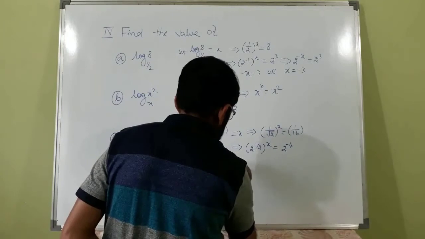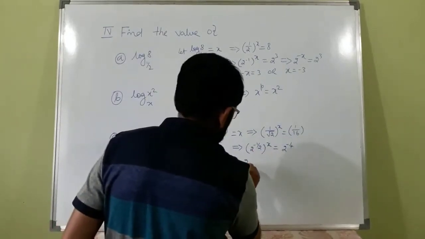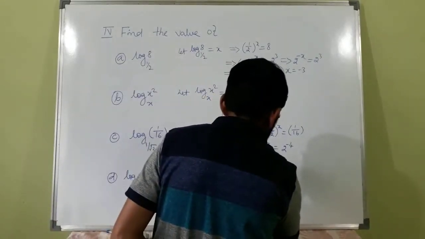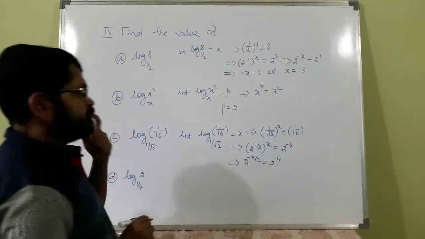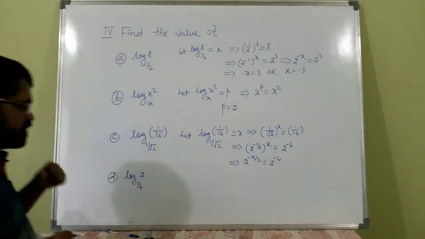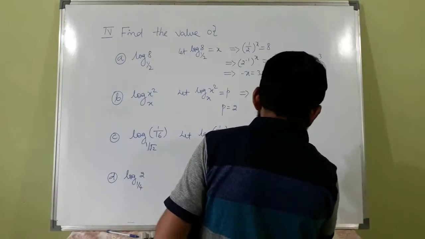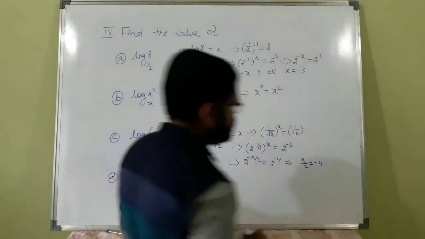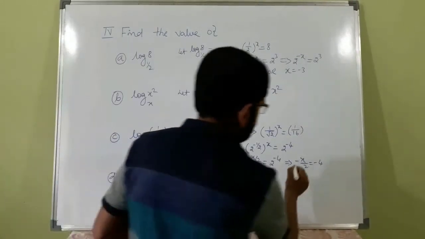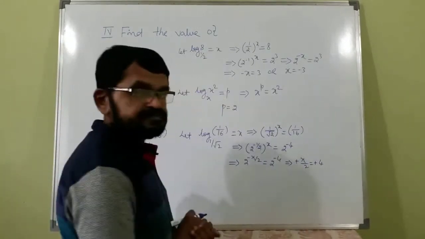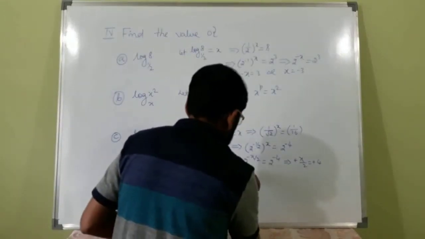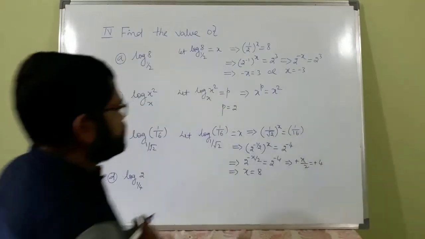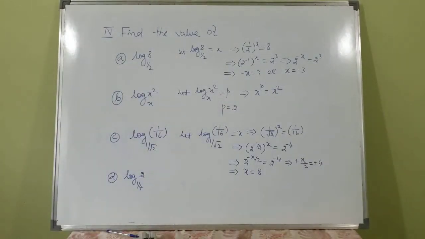Again by the index rule, 2 to the power minus x by 2 is equal to 2 to the power minus 4. So minus x by 2 is equal to minus 4, which means plus x by 2 is equal to plus 4. You can change this sign. So x is equal to 2 into 4, 8. The value of x is 8 here.